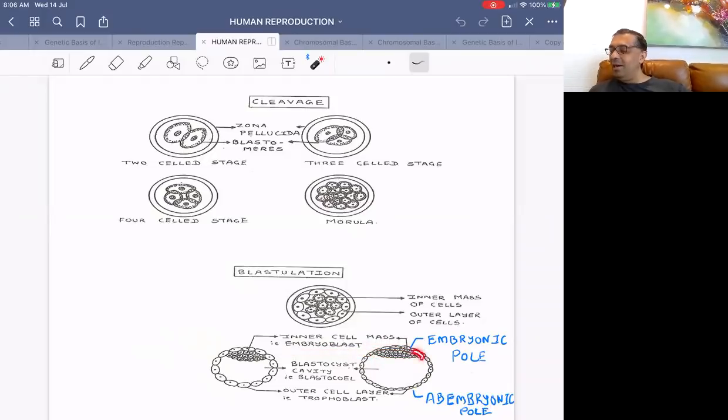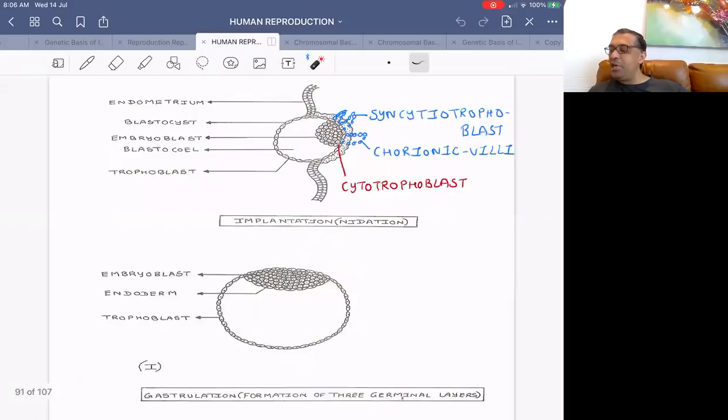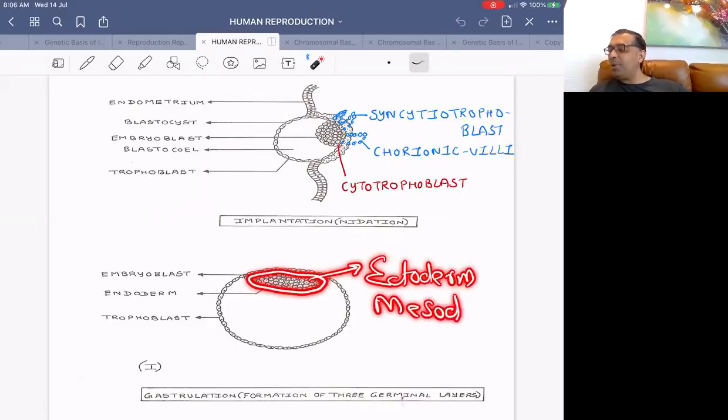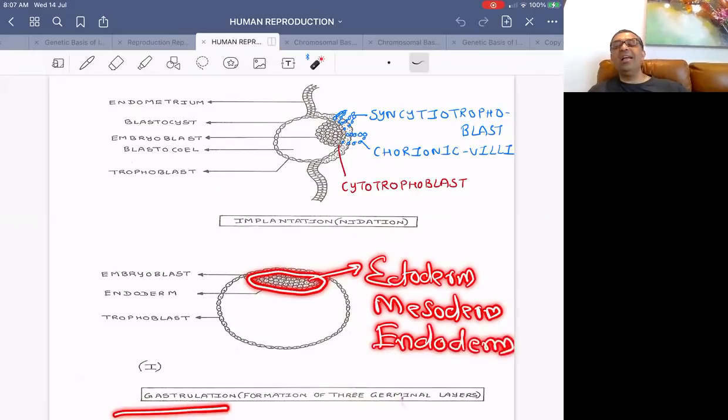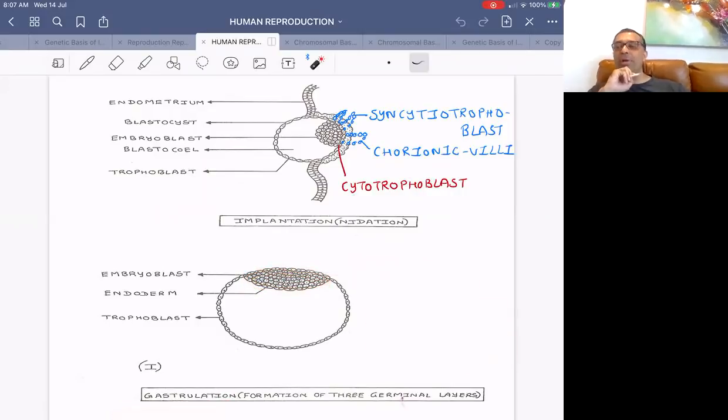Sir, it is the embryoblast which gets converted into three layers: ectoderm, mesoderm, and endoderm, and that process is called gastrulation. So, gastrulation is the conversion of the embryoblast into the three germinal layers: ectoderm, mesoderm, and endoderm.